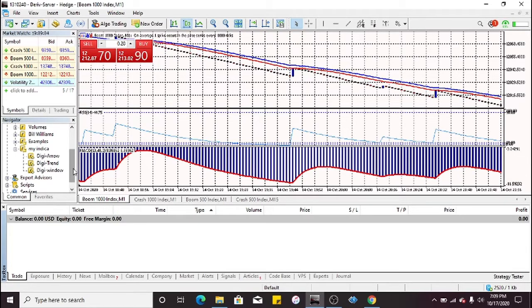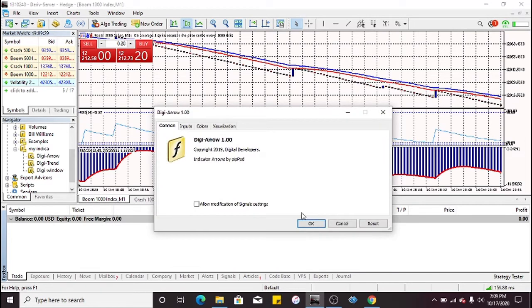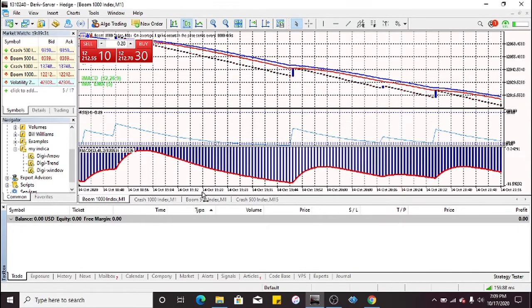Today we're going to add another indicator, which is not on the MT5. It is the DJ spike detector. Here it is. I've already imported it to my MT5, so I'm just going to bring it here on the main portal.